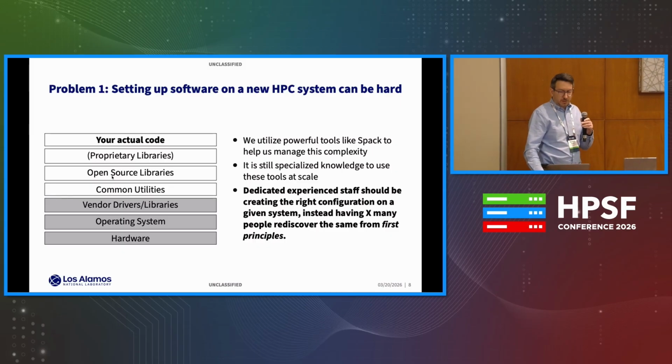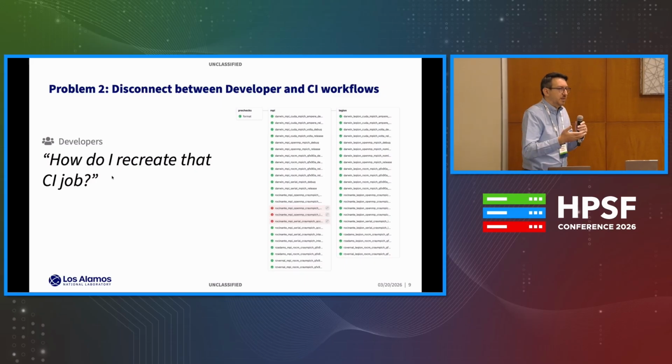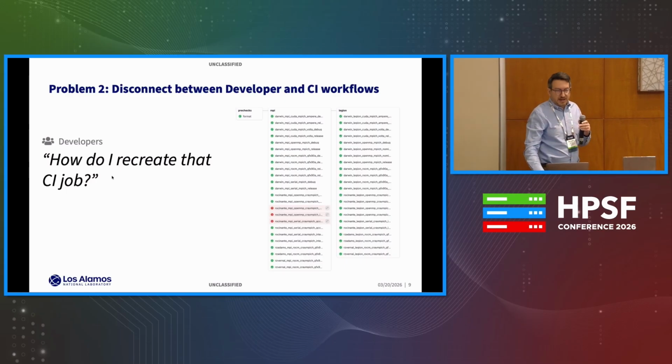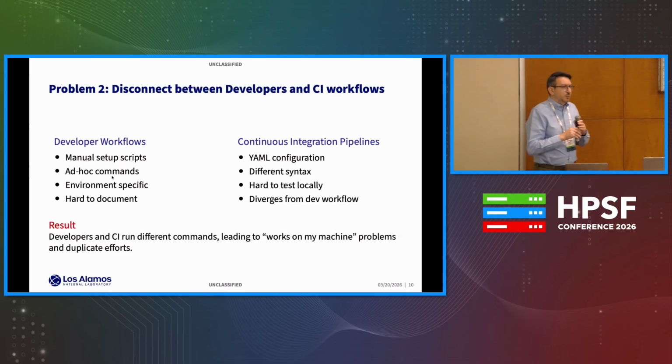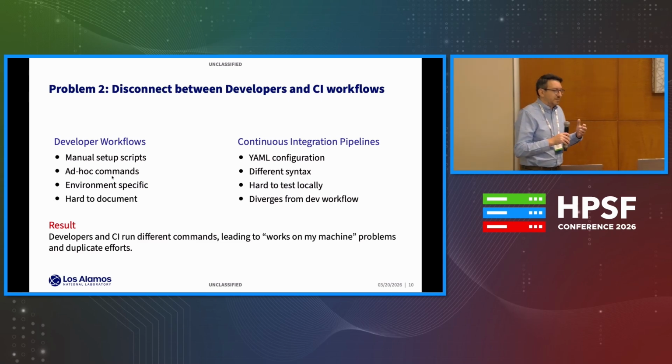Now, once you've solved this, the next thing is you have to give these configurations to your developers. If you have this all set up as CI, the developers will come to you and ask, okay, so this thing failed, how do I recreate it? And now, if you're not careful, you will end up with developers having some sort of alchemy.